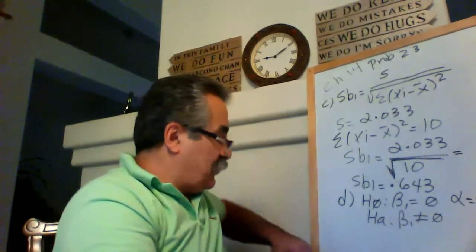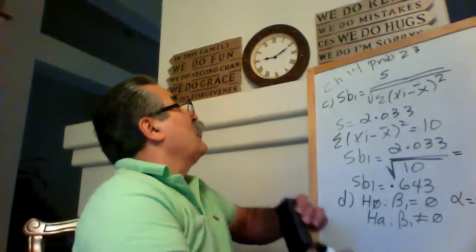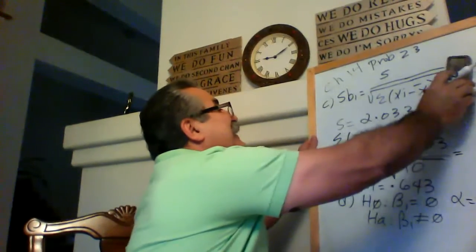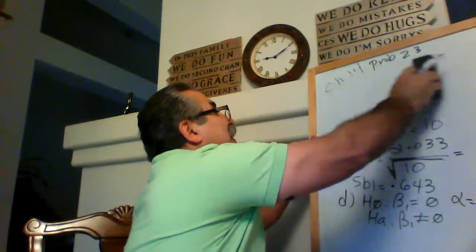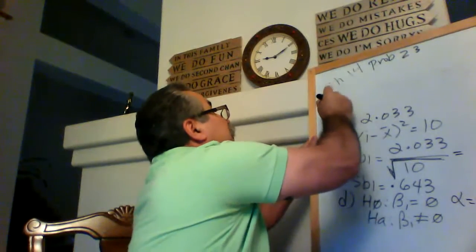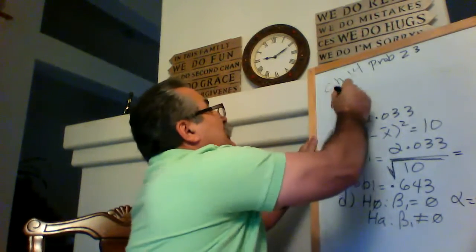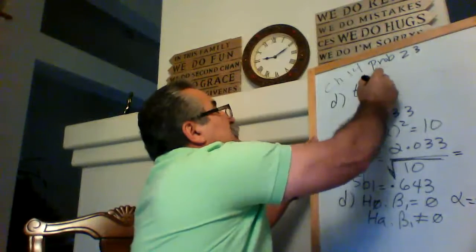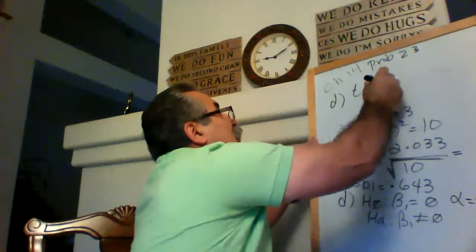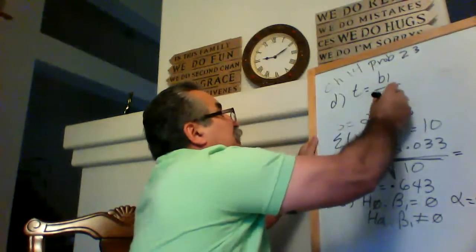So we go ahead and start with the t formula. Part D continues over here. T is equal to B1 divided by SB1.